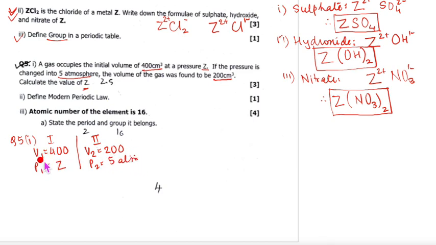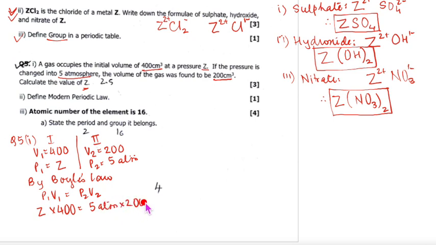And so temperature should be the same. They have not mentioned it. So it is going to be by Boyle's law, we'll have P1 V1 is equal to P2 V2. So it will be Z multiplied by 400 is equal to 5 atmosphere multiplied by 200.